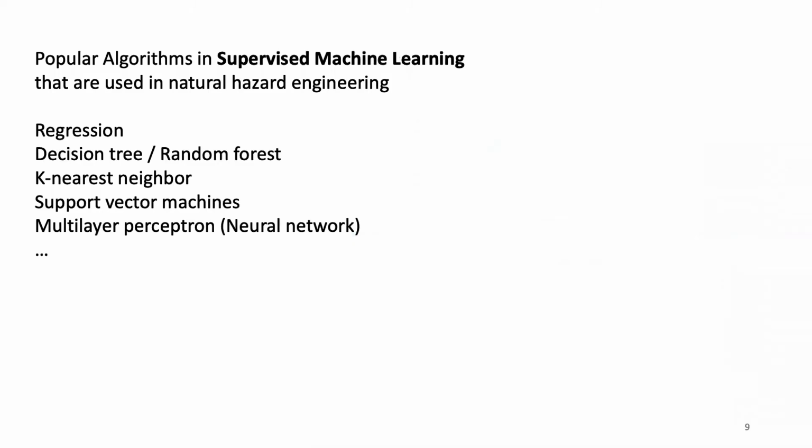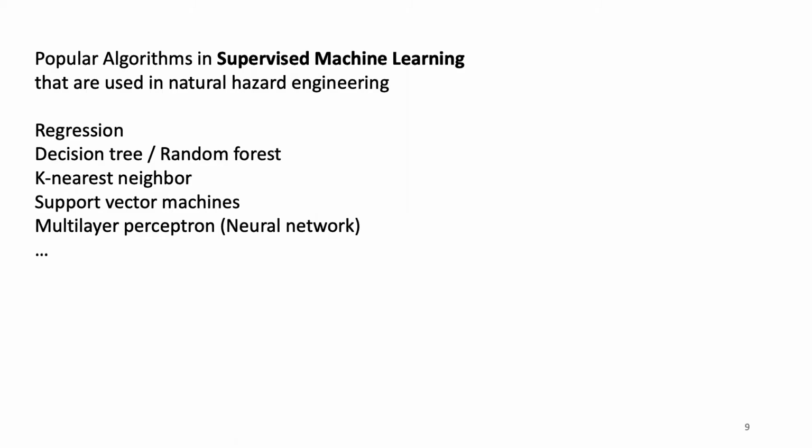So in natural hazard engineering, supervised learning is the most widely used method among the three areas. And a big part of it is classification. So in this problem, we want to know what class an observation belongs to.